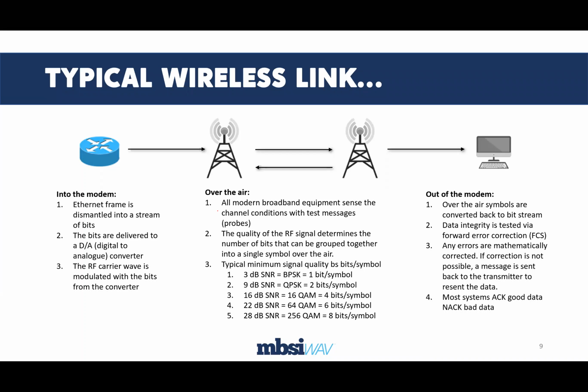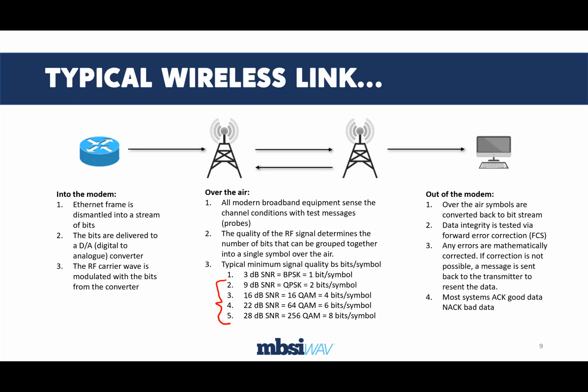The quality of the RF signal determines the size of the messages that can be grouped together, and so the higher the quality, the larger the group typically, or the shorter the time that we take handling the traffic that's on demand at any particular moment. Typical minimum signal quality, we've been over this a bunch of times, but modern broadband equipment runs typically from QPSK up to 256 QAM.